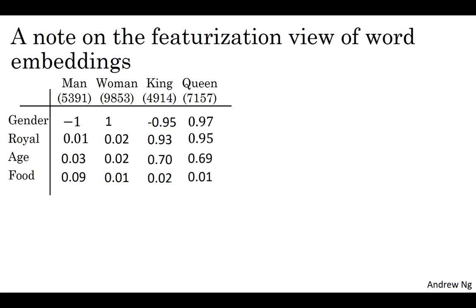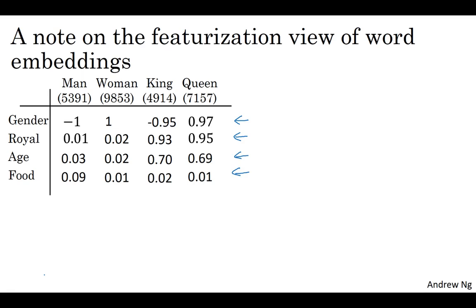Before concluding our discussion of algorithms for learning word embeddings, there's one more property of them that we should discuss briefly, which is that we started off with this featurization view as the motivation for learning word vectors, where we said, well, maybe the first component of the embedding vector could represent gender, the second component could represent how royal it is, then the age, and then whether it's a food, and so on.